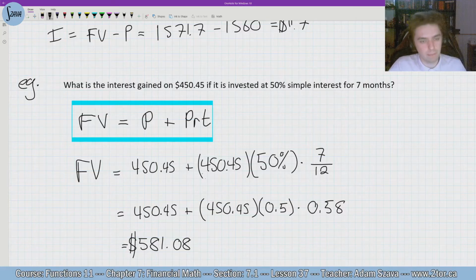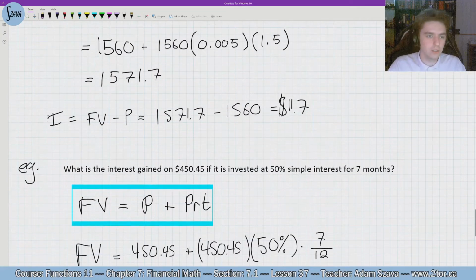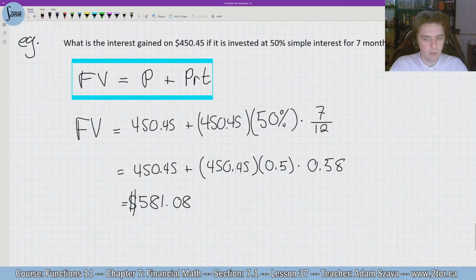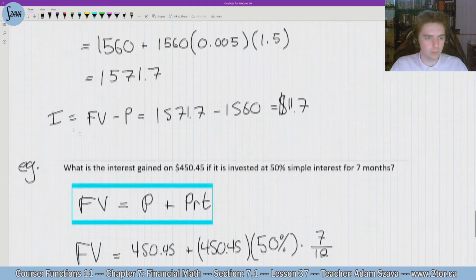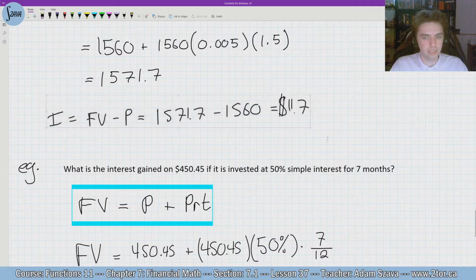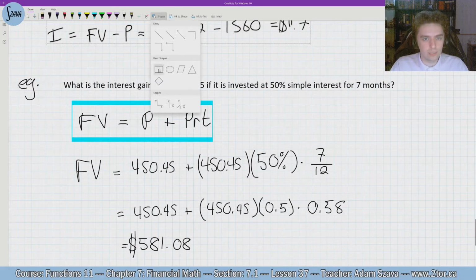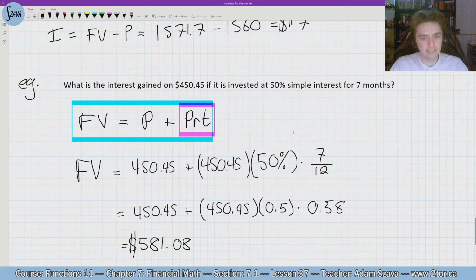Okay, but that's not exactly what the question was asking for. It was asking for the interest gained, right? So it's similar to what I did in the previous situation. You already know how to calculate the interest gained using this method. We could also just take this chunk, P times R times T, right? That is the interest gain.